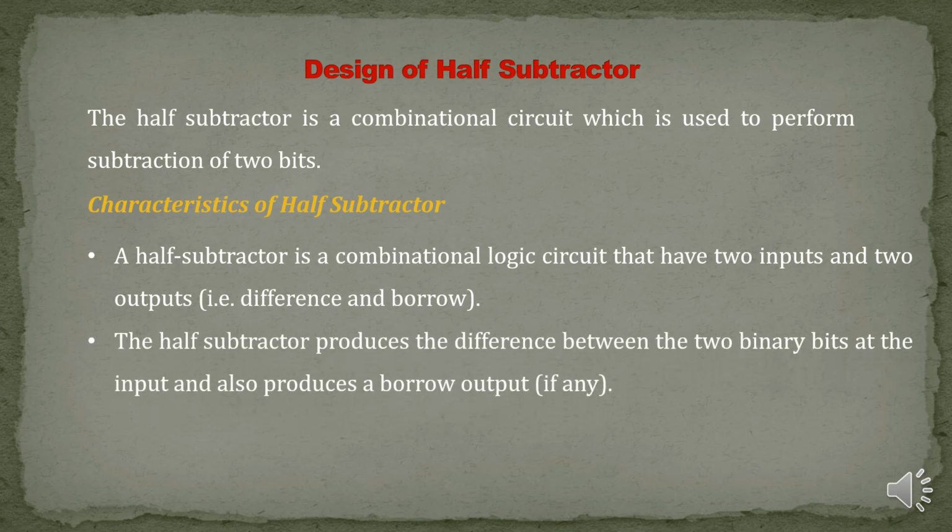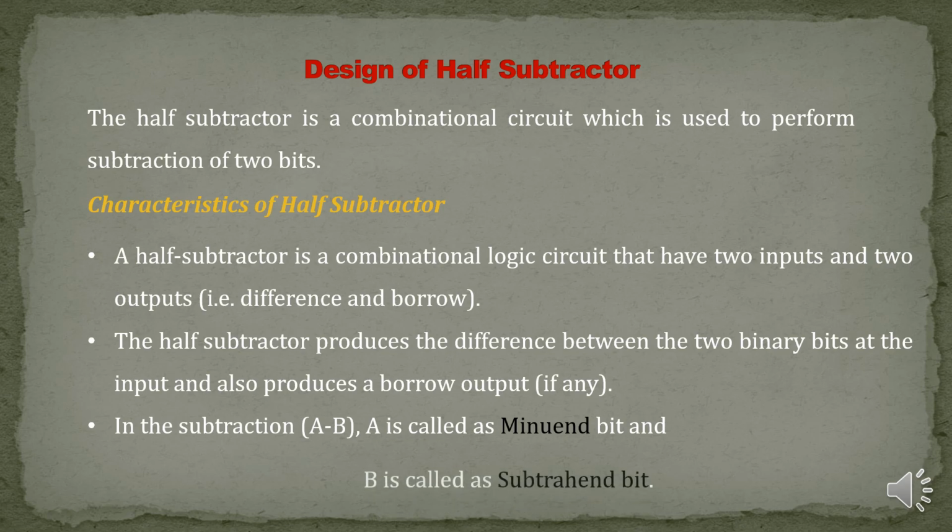The half subtractor produces the difference between the two binary bits at the input and also produces a binary output if any. In the subtraction A minus B, A is called the minuend bit, B is called the subtrahend bit.